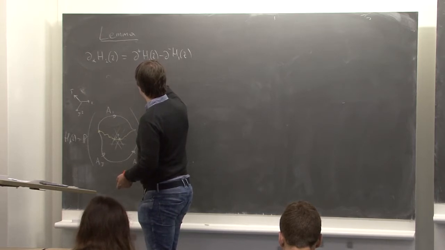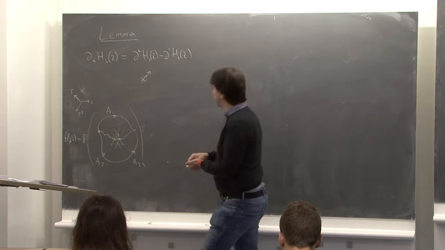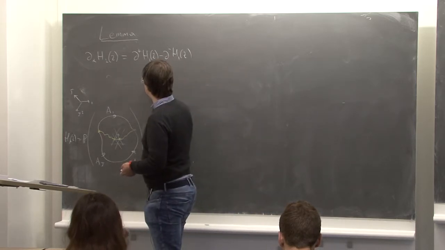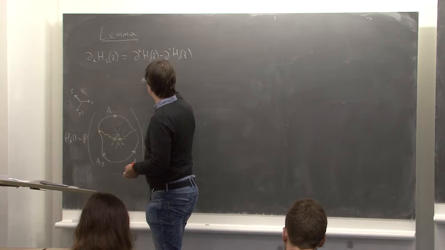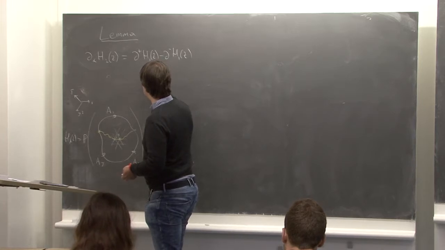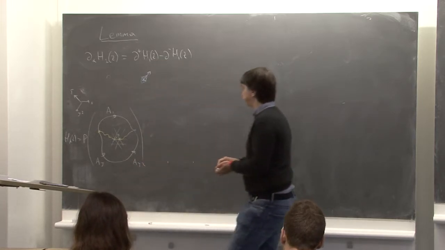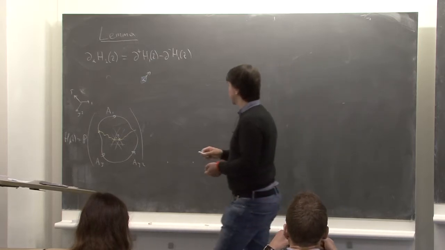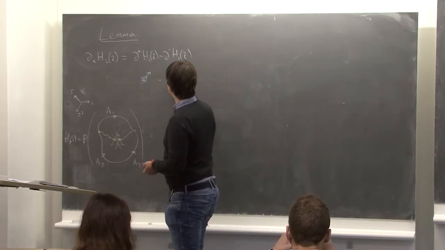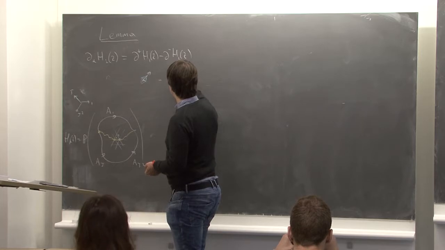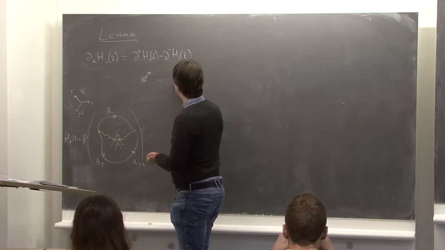If we take the derivative in this direction, then the first one is the 3-arm probability for this triangle, and the second one is the 3-arm probability for that triangle.